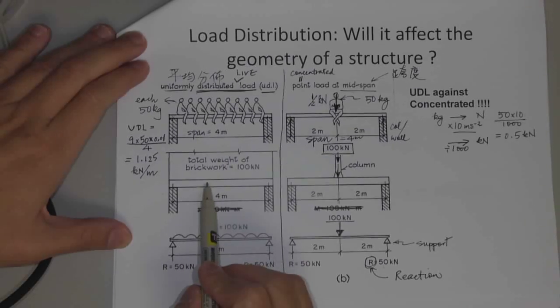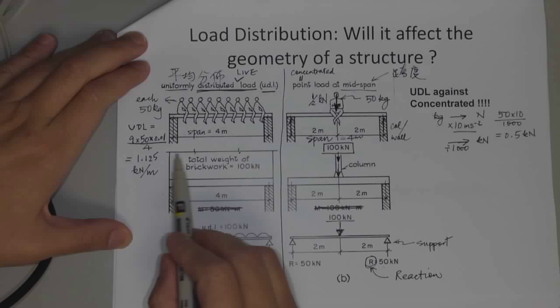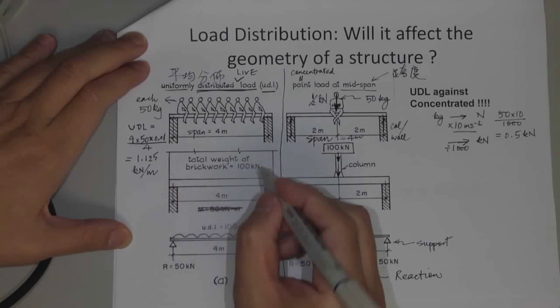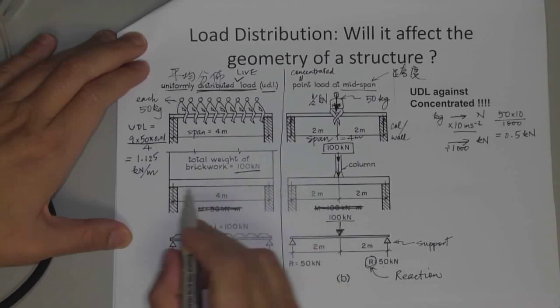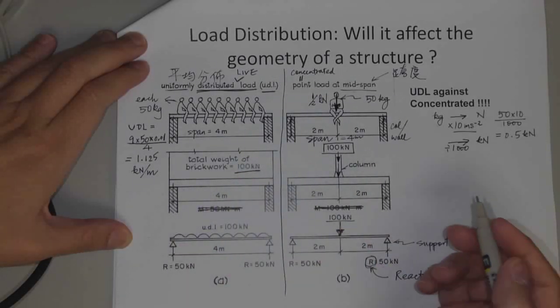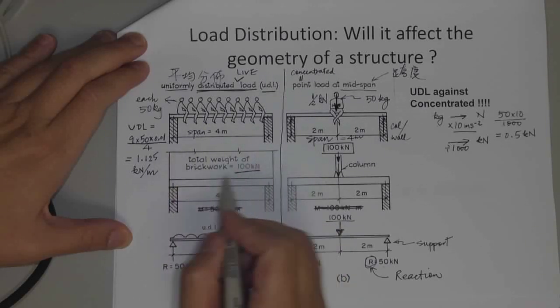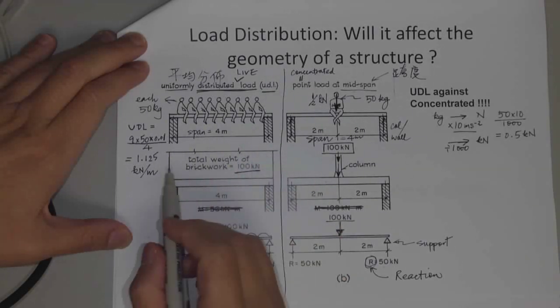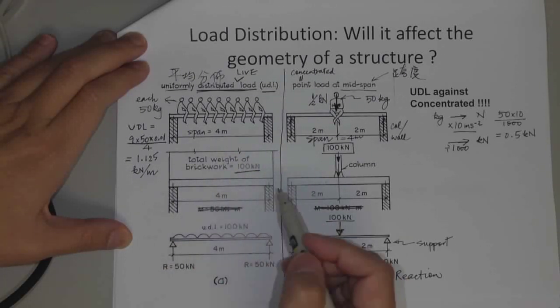And in the second case, just right below it, you have a brick wall, 100 kilonewton total weight sitting on the beam. So that means it's again a uniformly distributed load, assuming that the brick wall is the same height, same thickness everywhere.